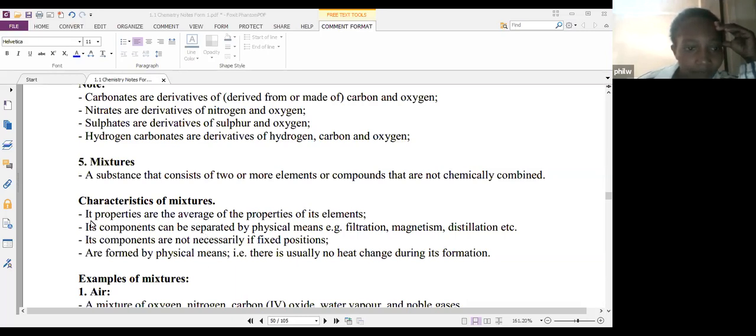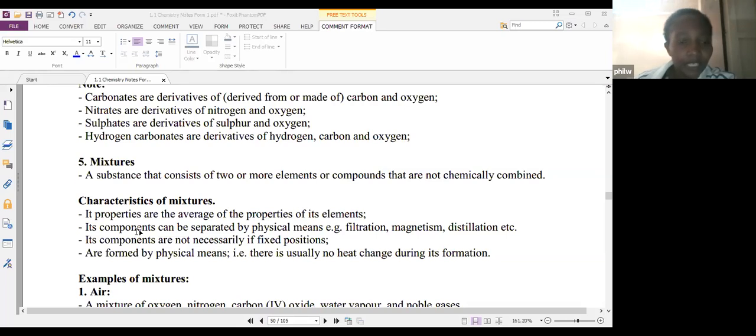Its properties are the average of the properties of its components. Its components can be separated by physical means, that is filtration, magnetism, distillation. Its components are not necessarily mixed in fixed proportions and are formed by physical means, that is, no heat is used. I've gone through these ones. You'll be getting the notes in our class, so don't worry about it.